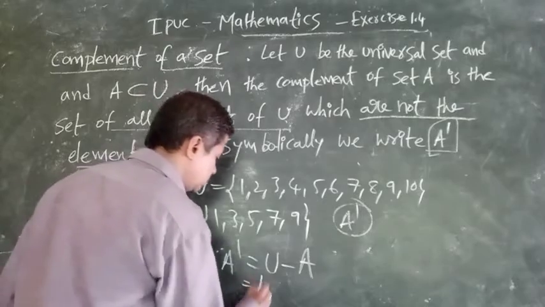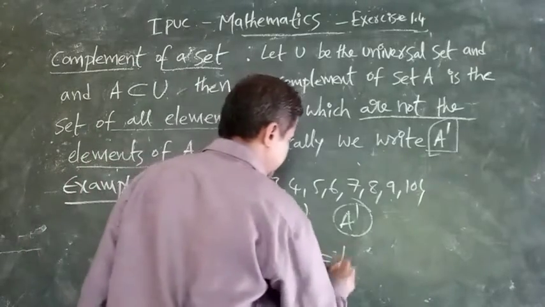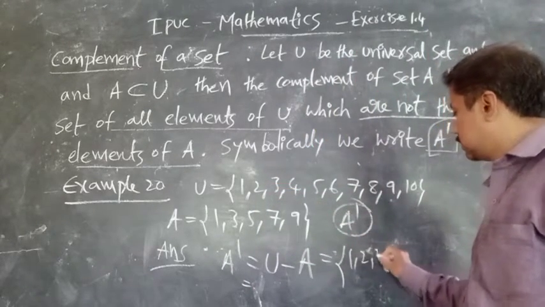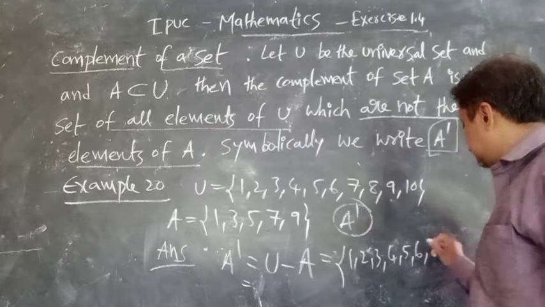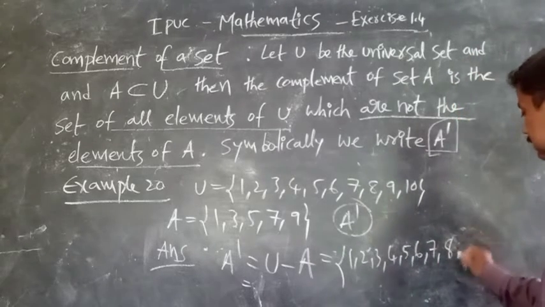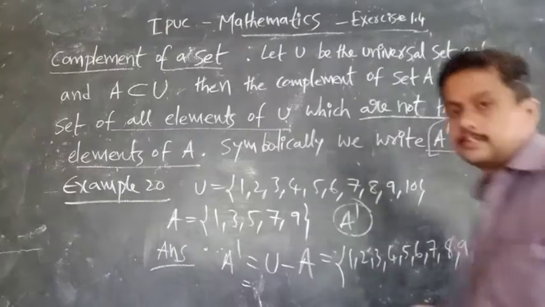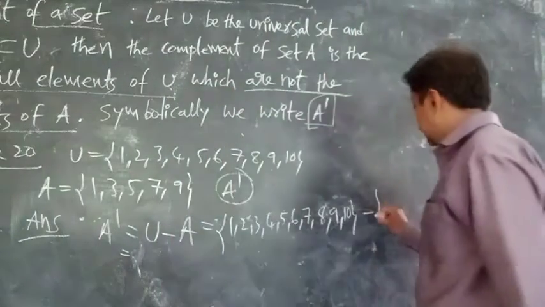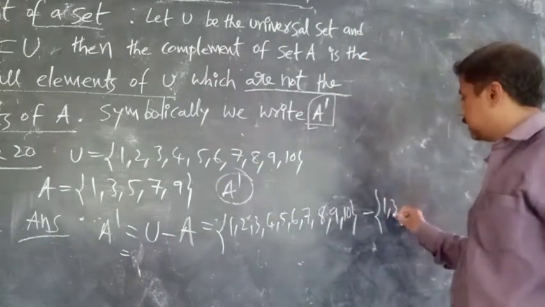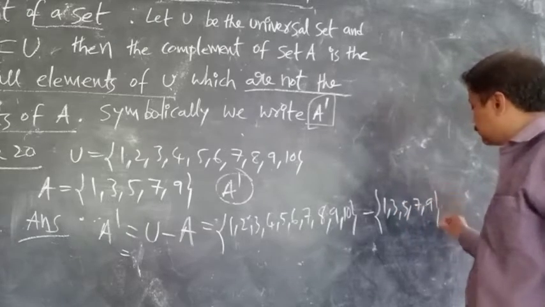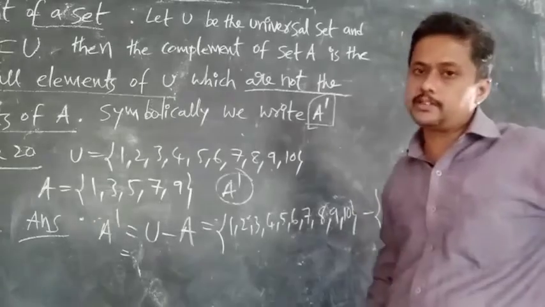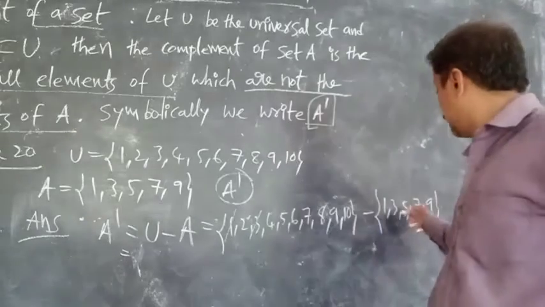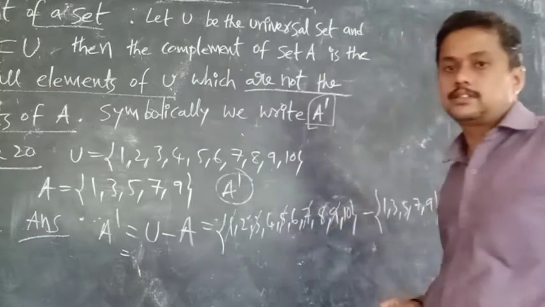So write down U: 1, 2, 3, 4, 5, 6, 7, 8, 9, 10, minus A, which is 1, 3, 5, 7, 9. You know how to do the difference of two sets. 1 is there, cancel. 3 is there, cancel. 5, 7, 9, cancel. So what are the remaining elements?